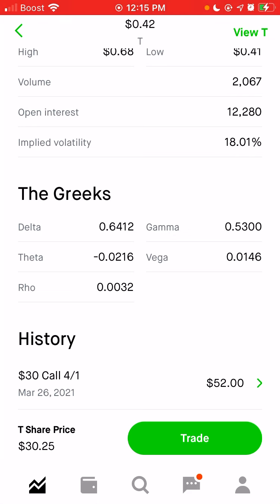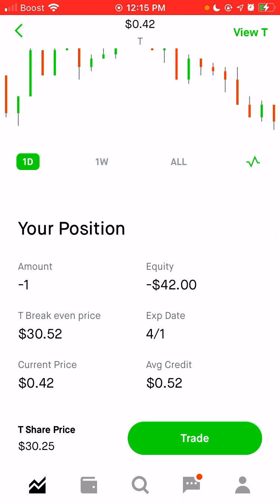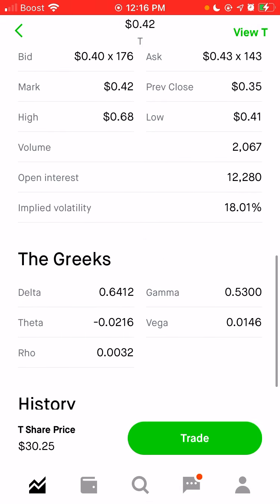And we have a delta of 0.64. So what this represents is that if AT&T goes from $30 to $31, it moves up $1 from the current price. This option is going to gain $64 in value. Last time we had a negative delta because we were short a put.